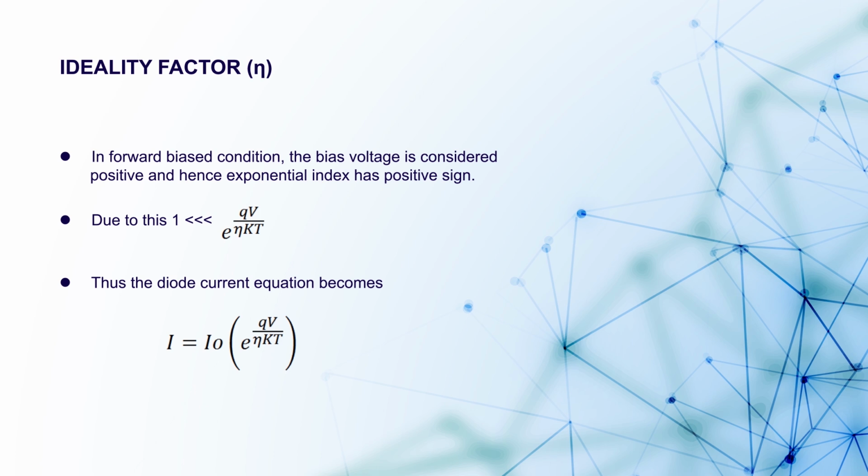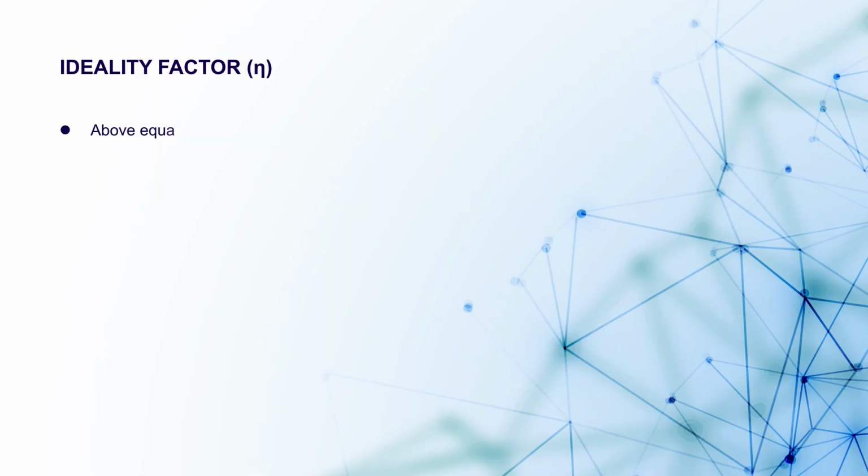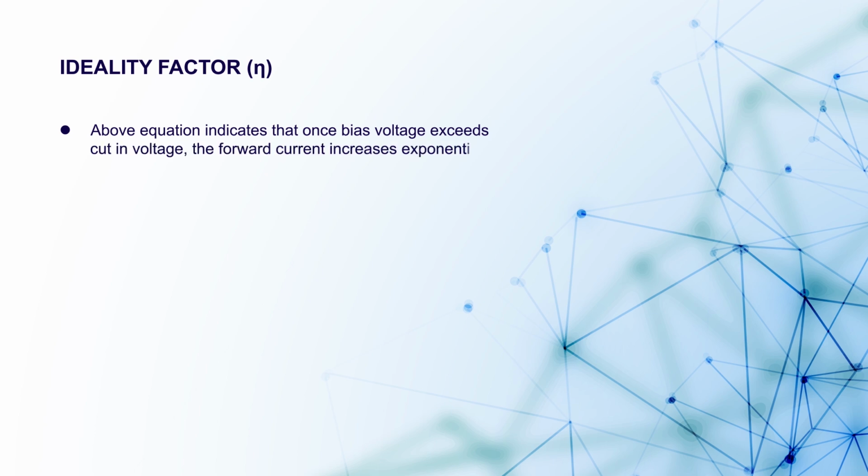Here the current has an exponential term, and that is why in the VI characteristics, in the first quadrant, the characteristic obtained due to forward bias condition is exponential in nature. The above equation indicates that once the bias voltage exceeds the cut-in voltage, the forward current increases exponentially.